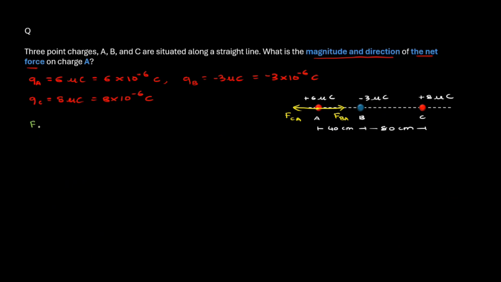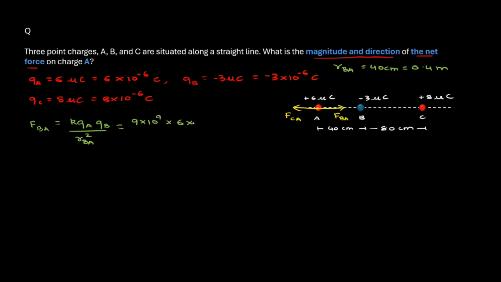So we write FBA equals K QA QB over RBA squared, where RBA is the distance between charge A and B. Here the distance between B and A is 40 centimeter, which if you write in meter, divide this by 100, you get 0.4 meter. So let's substitute. K is 9 times 10 to the power 9.